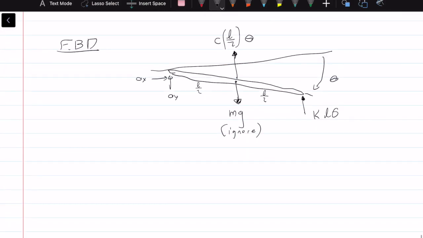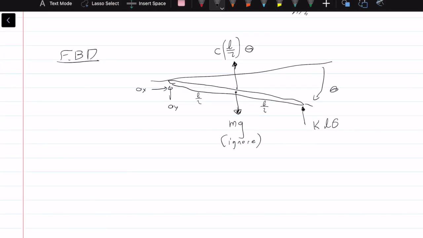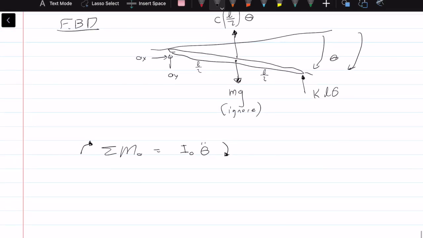Okay, and then we can start doing our summation of moments about point O is equal to I_O theta double dot. And which way is theta rotating? That way. So we have it going that way and that way. Okay, so taking the moments, let's start with the spring.